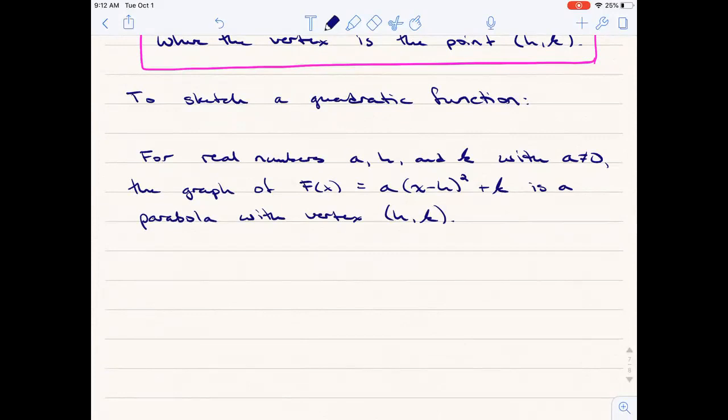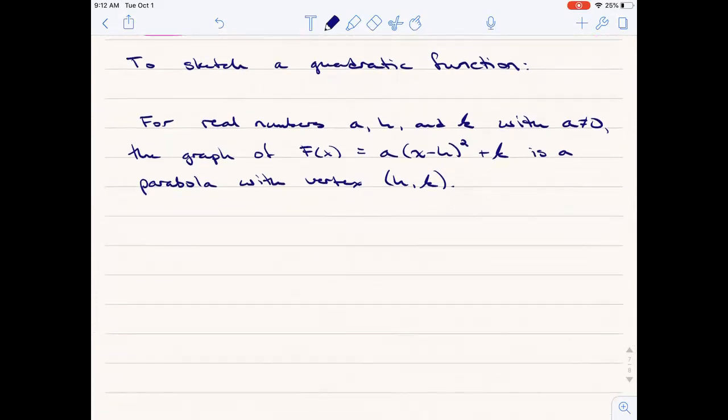Same deal, right? If A is positive, then we've got this upward parabola. If A is negative, we've got this downward parabola. And so if A is greater than 0, the graph resembles a U, right?